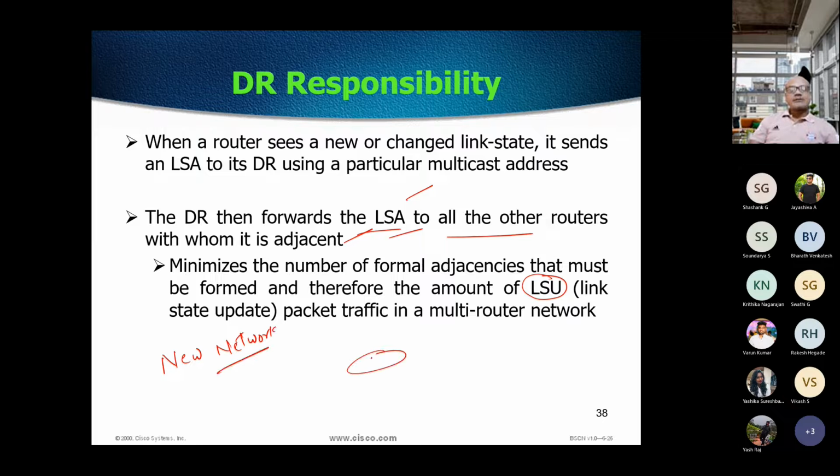Suppose this is my router which is running OSPF, and a new network has been connected here. It will send an LSU, link state update, to these routers, saying please take this new update, using multicast IP.